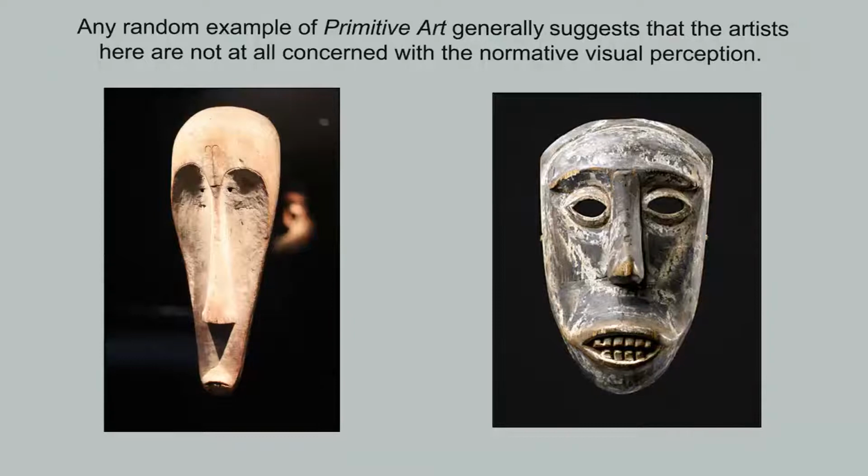Now the moment you look at any primitive art, particularly the masks which represent the heads of either real people or imaginary people or ancestors or spirits, these heads and masks do not usually correspond to any kind of naturalistic representation.